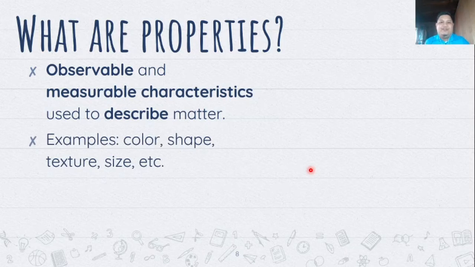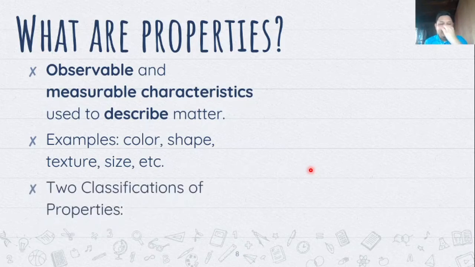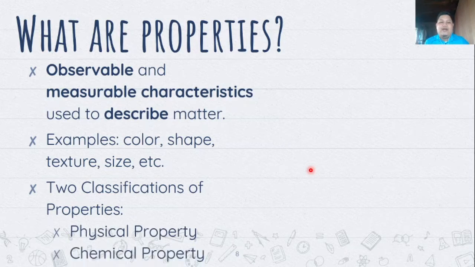Some examples include color, shape, texture, size, etc. Now, there are two classifications of properties. First, we have physical properties, and we also have chemical properties.